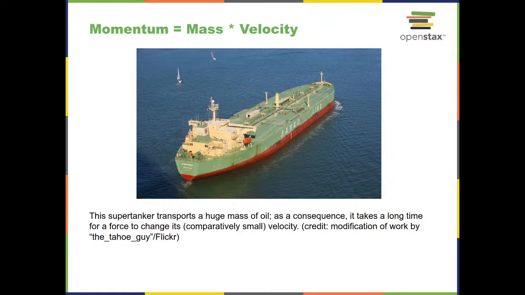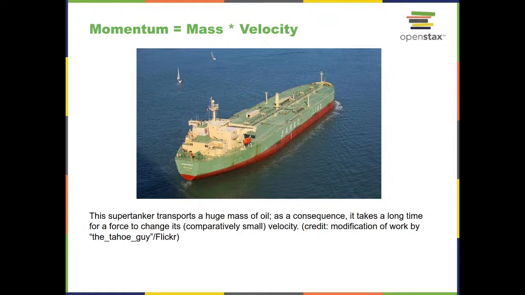If the oil tanker was empty, or if there's a smaller ship, the same tugboats that might push this oil tanker and apply the same force could cause a much larger change in velocity for a smaller boat or for an empty oil tanker. So the same force applies, but there's a difference in the effect on the velocity, even though the change in momentum is going to be the same.